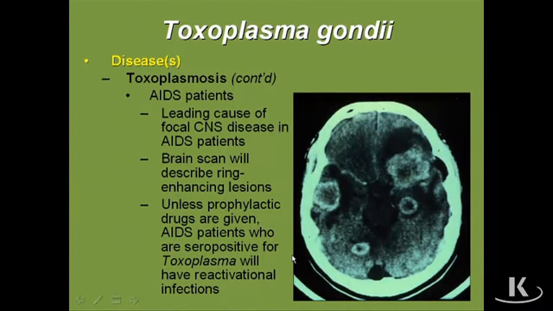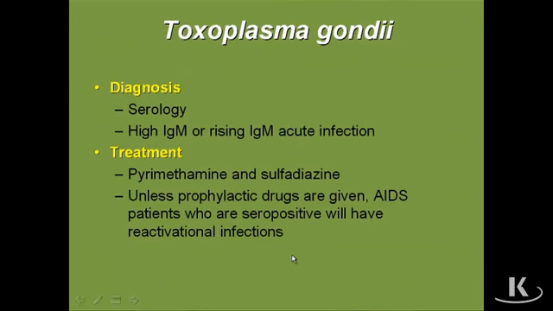Now, unless you prophylax AIDS patients who are seropositive for toxoplasma, they're going to have recurrent and reactivational infections with toxoplasma. Now, diagnosis for toxoplasma is serology. And remember, in the case of the pregnant female, if she were to come in with this flu-like illness and you were to find IgM specific for toxoplasma, you would know then that she is having a primary infection with toxo and the fetus is at risk.